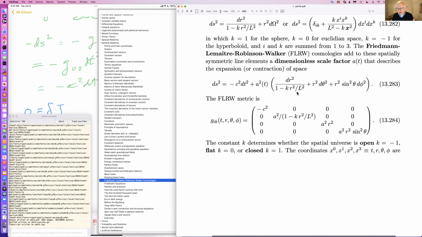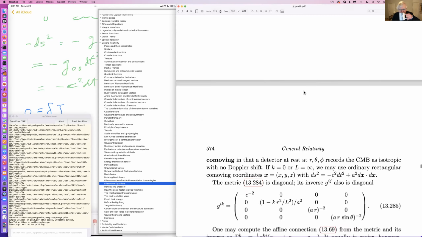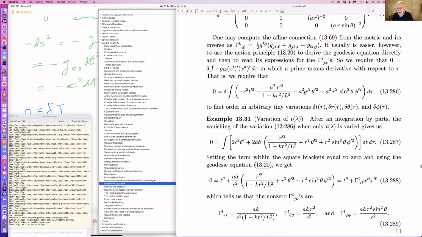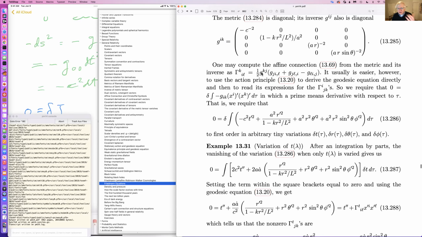And then there are three maximally symmetric spaces corresponding to k equals -1, 0, and 1. L is some huge number to be determined experimentally. And so you can compute the affine connection this way, but it's simpler to set the variation of this equal to 0 and to say, well, that's going to be the same as this.